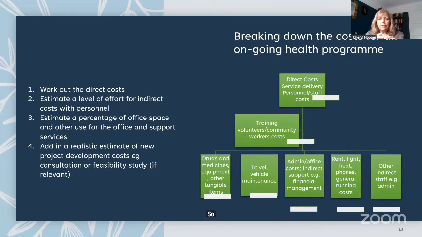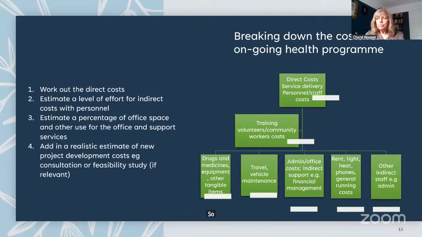Then take each project that your NGO is operating and work out the costs of implementing that project. This should include a proportion of your overheads. Typically it would be something in the region of anything from 7.5% to maybe 12.5% of your overheads.